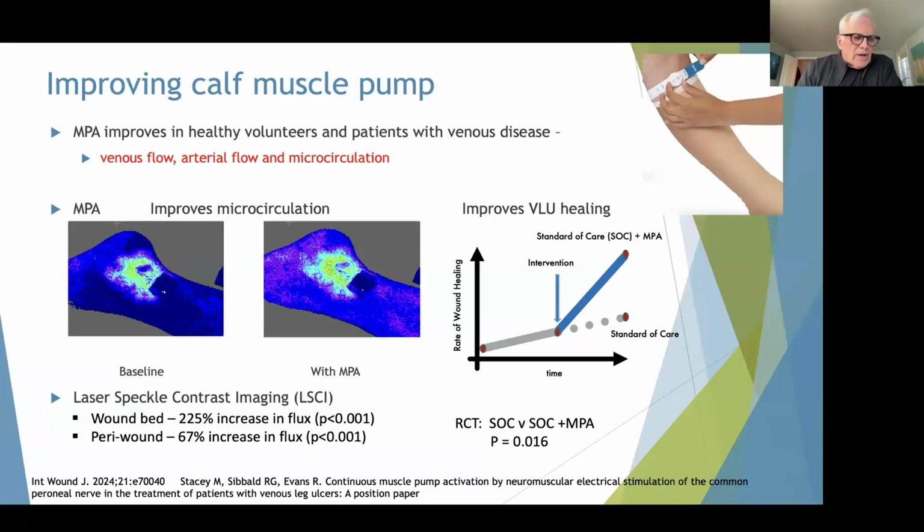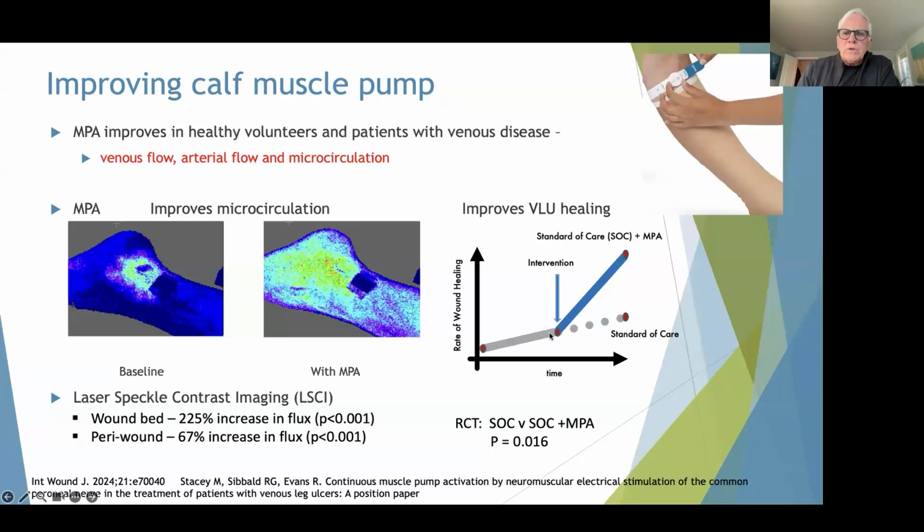And just to add to that, there's been a recent publication from Holly Murray that's demonstrated in a real life environment, doing the same thing, not in the constraints of an RCT, also does improve healing. So really, corroborating evidence to this RCT that Keith and his group did. But just to show you, with this study, there was a run-in phase where patients were put into compression.